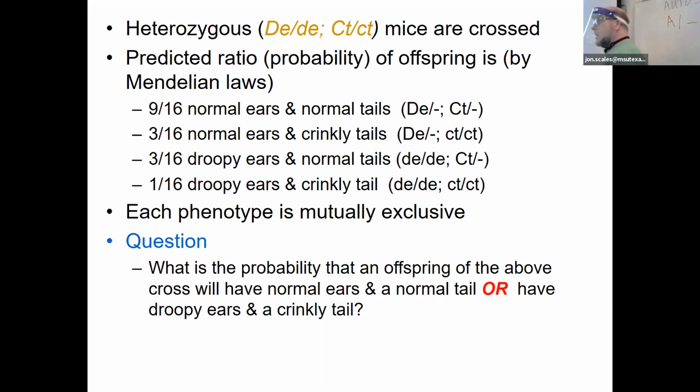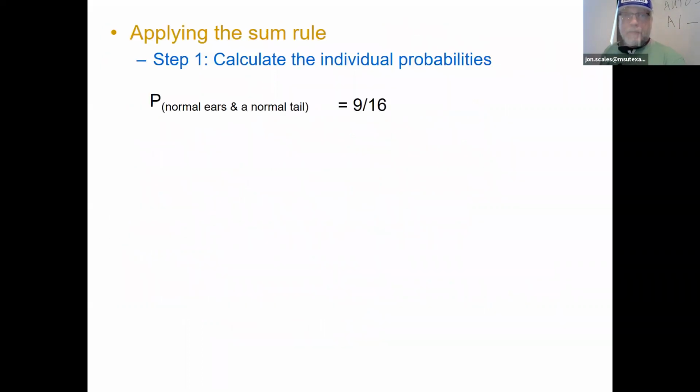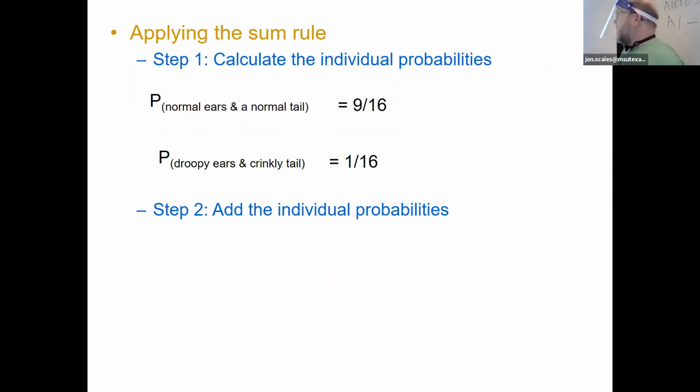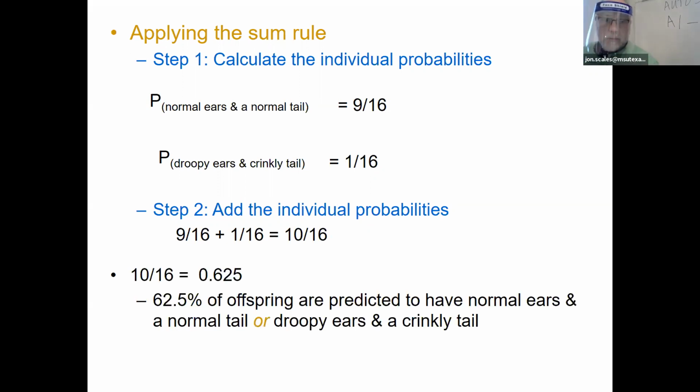Well, all you have to do is add the probabilities of those 2 individual events. Add them. We already know it's 9/16 to be normal and 1/16 to be double mutant. So you just add them together. The probability of being this or that is 10/16 or 62.5%.